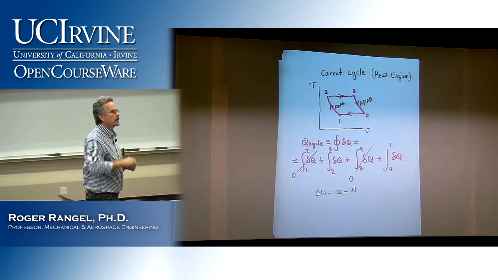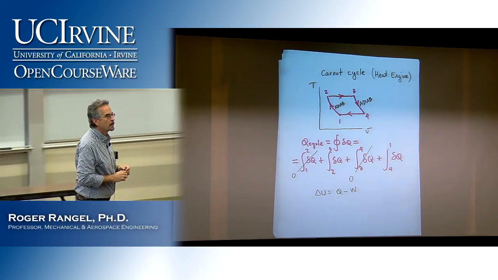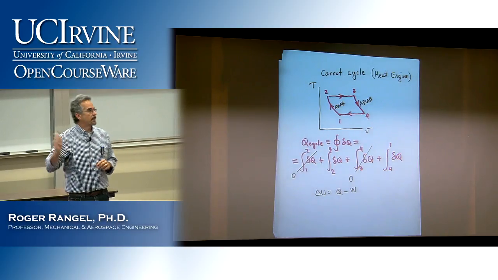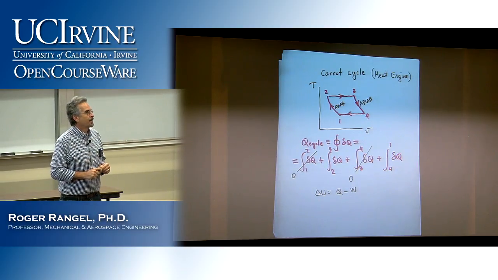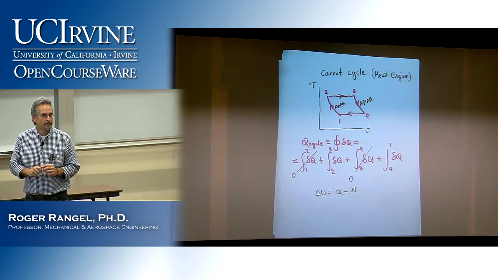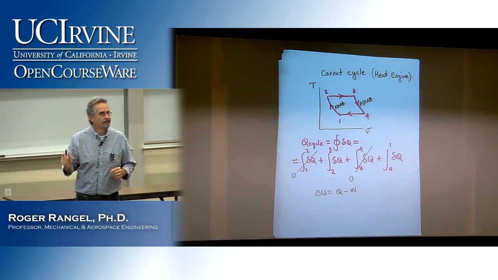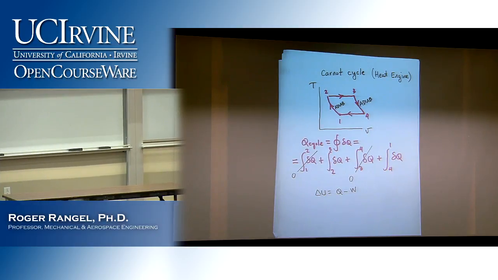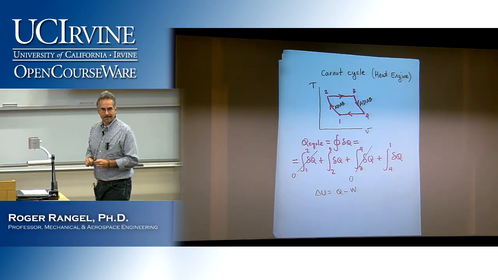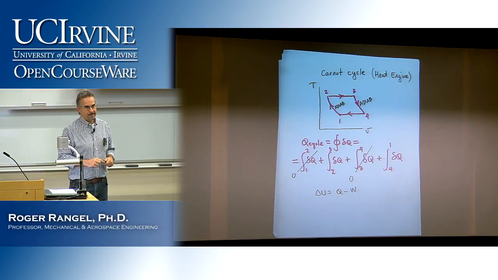Back there? Well, if you bring R in, you're thinking that this is an ideal gas. And I'm not saying that this is an ideal gas at this point. Anybody else? Okay, yes. Would it be the difference of the specific volumes times the high and low temperatures?